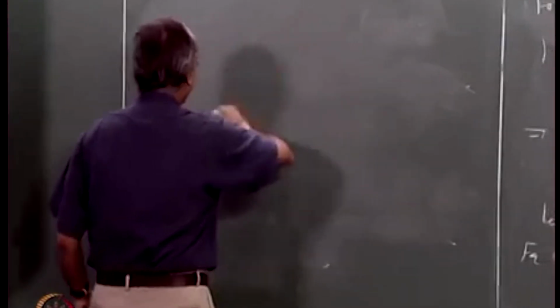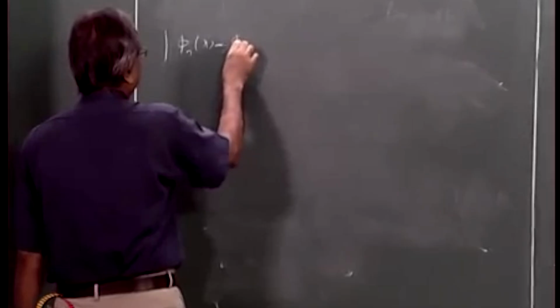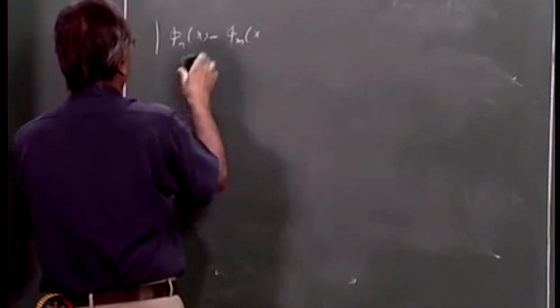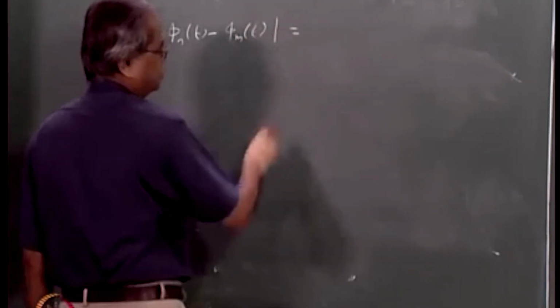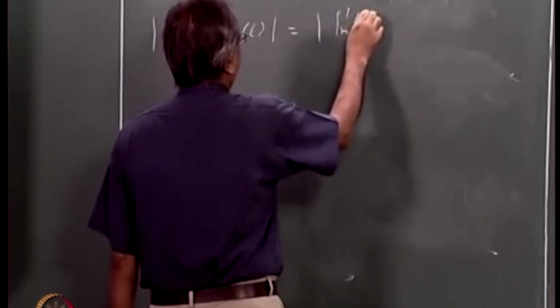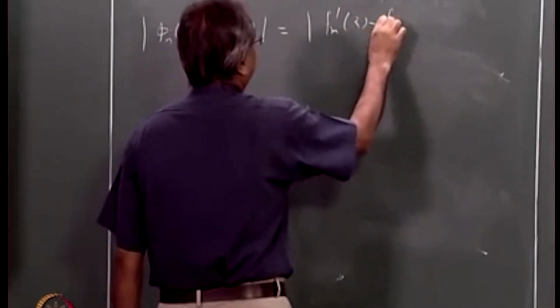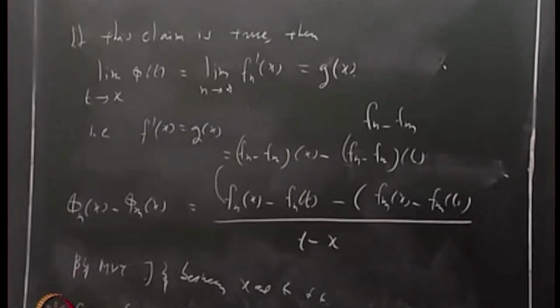So since we are going to take absolute value, what we will get is mod phi nx minus phi mx, minus phi nt minus phi mt, will be equal to mod Fm prime xi minus Fn prime xi for some xi lying between t and x. Do you agree? After applying the mean value theorem and after cancelling this t minus x and x minus t. Now what is to be done after this is clear.